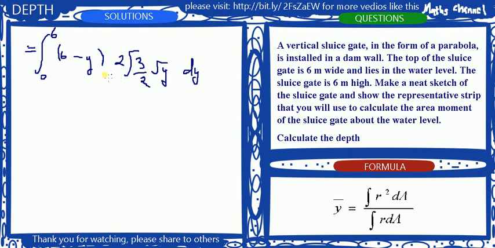So we can take the constant out, which is 2 over... so I'll have something like this.